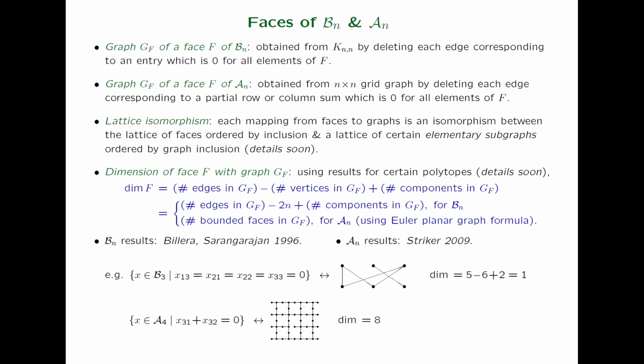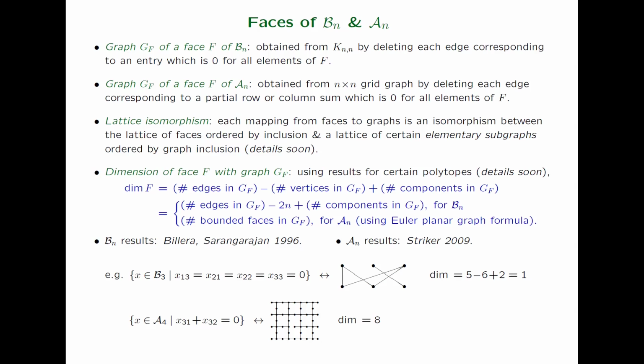So it turns out we don't get all subgraphs of K_{n,n} or of the n by n graph. We only get some subgraphs. Those that we do get here are known as elementary subgraphs. And if we order these graphs by inclusion, we get a lattice, and that lattice turns out to be isomorphic to the lattice that we would get if we ordered the faces by inclusion.